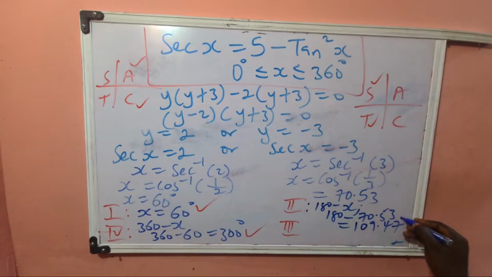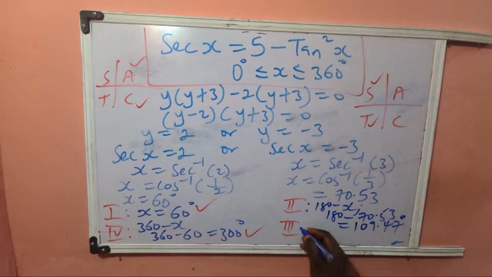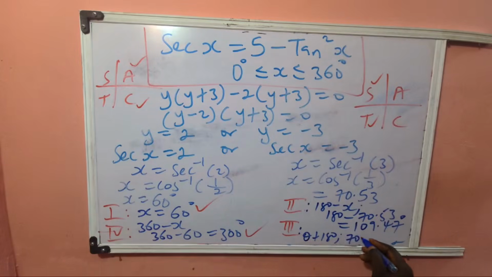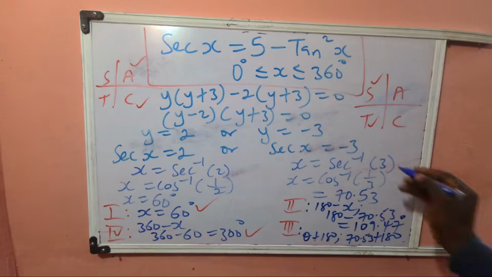All right. And for the third quadrant, our rule there is theta plus 180. Here we have 70.53 plus 180. Let me write the final answer here.